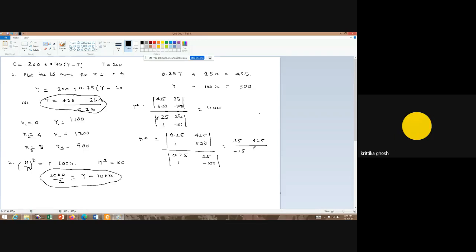So 6%, the answer. So we have Y star and R star.